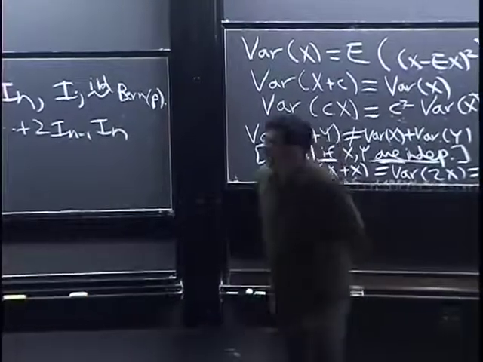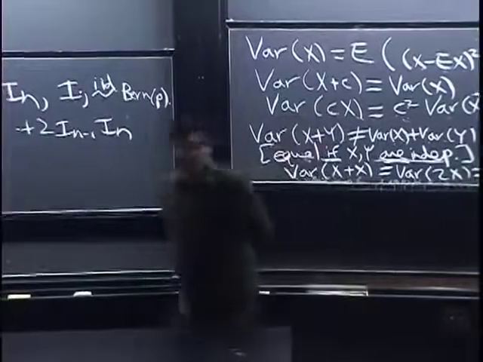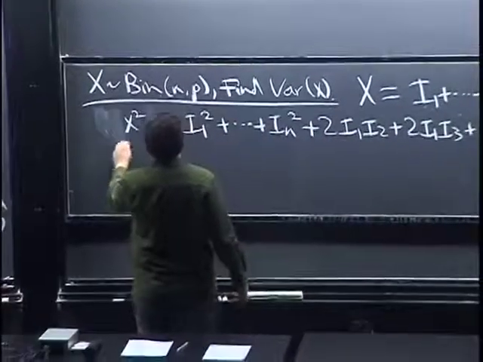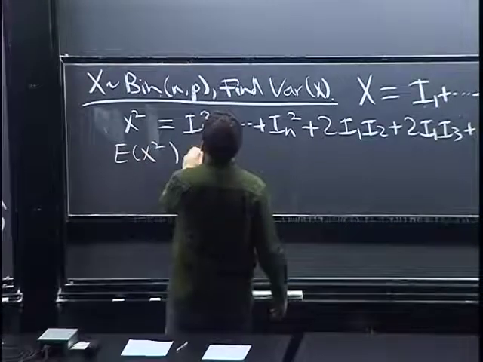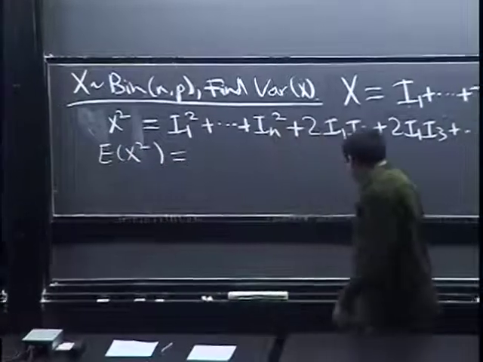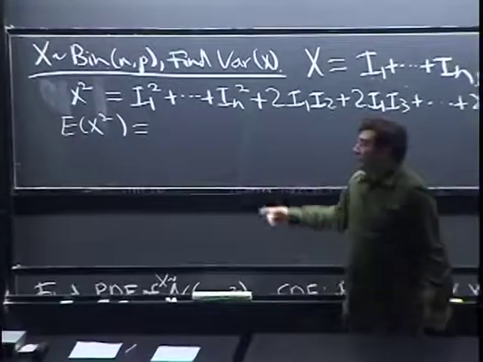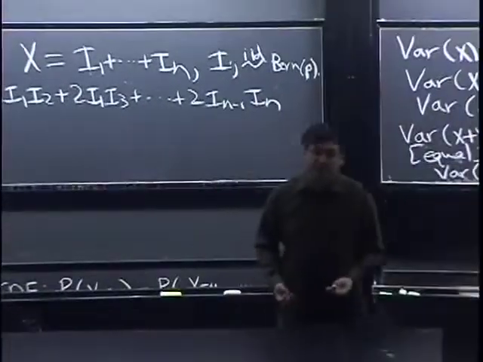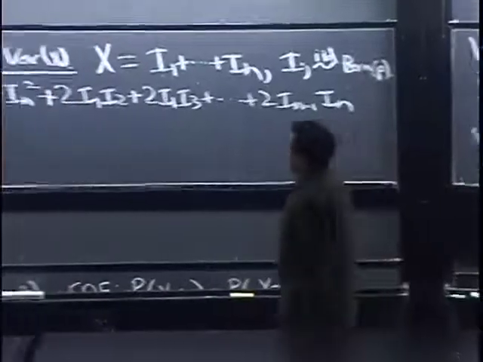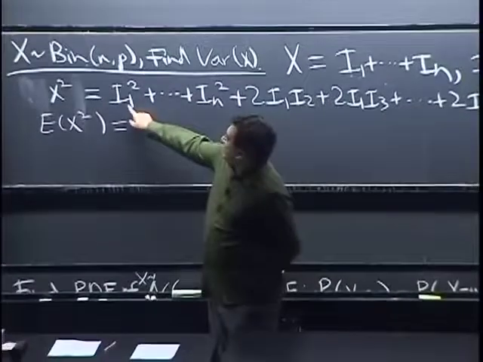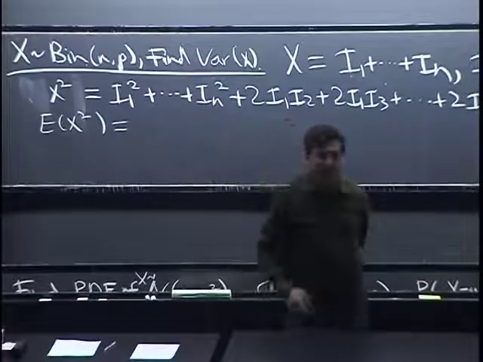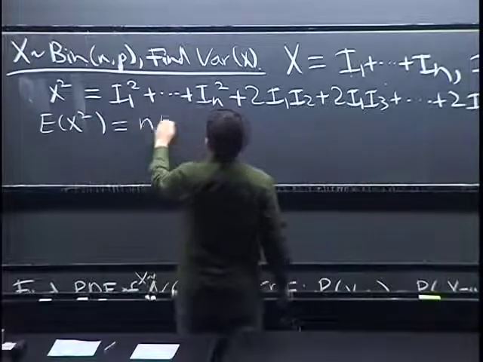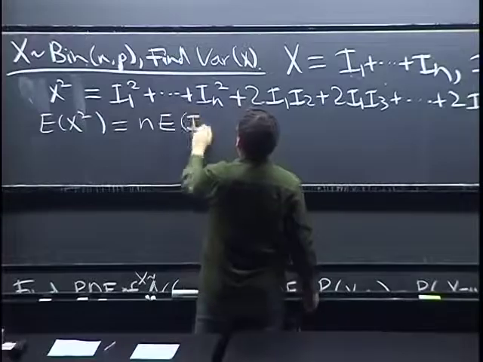That looks pretty complicated, but it's actually much simpler than it looks. Now let's take the expected value of both sides and use linearity. This is a good review example as well, since we're using the same tricks: symmetry, indicator random variables, and linearity. Each of these is IID, so by symmetry, this is just n times E of I1 squared.